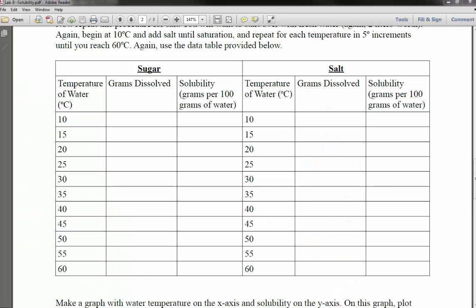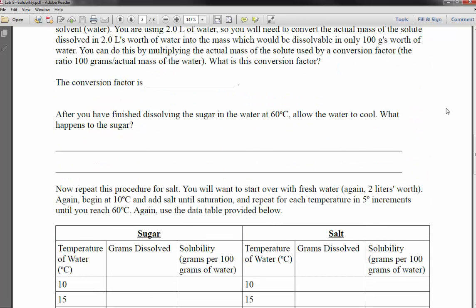This leaves me with a few brief loose ends that we can tie together for this lab. First of all, there's a question about what happens after you've dissolved the sugar at 60 degrees until you reach saturation. So just before reaching saturation, and then you allow the water to cool. Just do this and see what happens. I'm not going to give you the answer here.